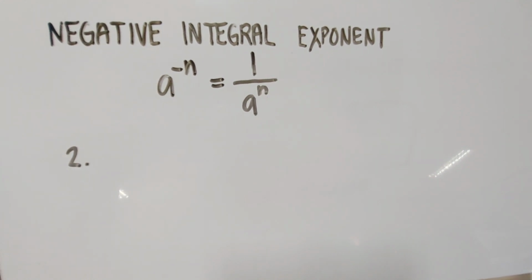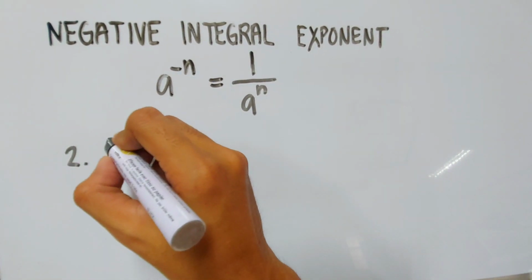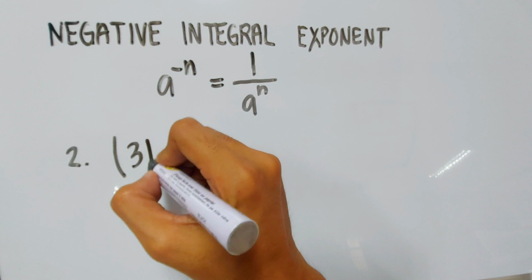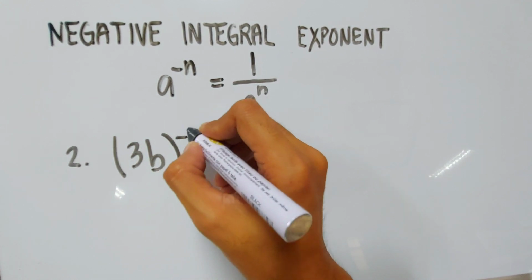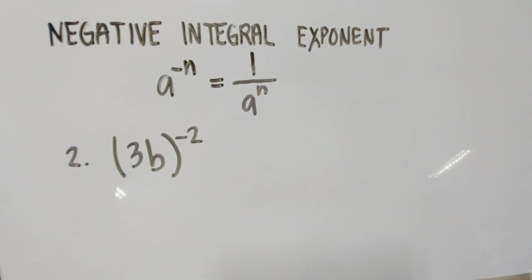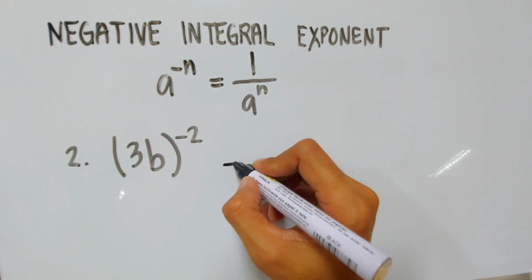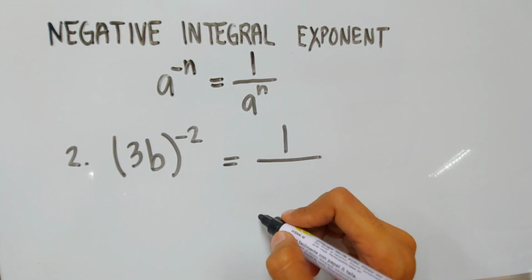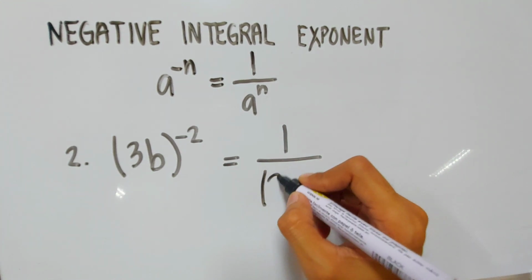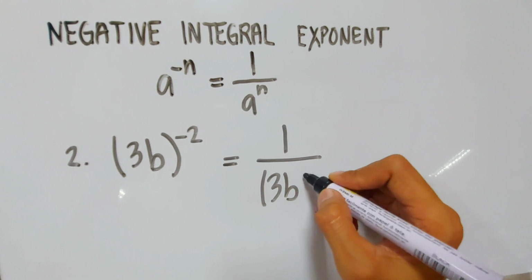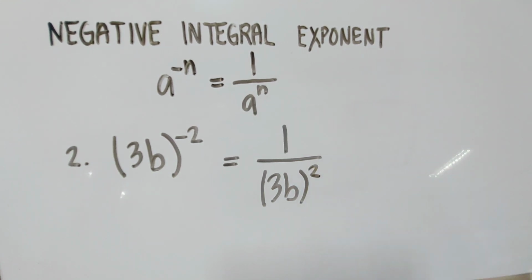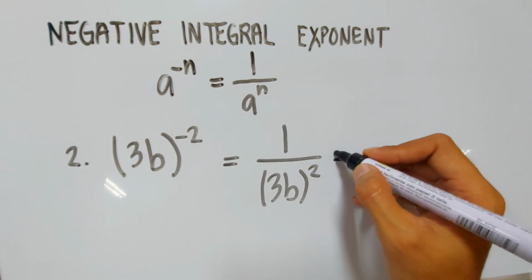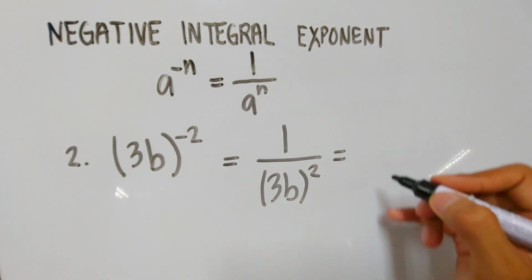Example number 2. Given quantity of 3b raised to negative 2. So, mapapansin nyo, negative pa rin yung exponent natin. So, from that, meron tayong numerator na 1. And then, yung quantity 3b raised to negative 2, yung negative magiging positive. And then, after that, anong gagawin?